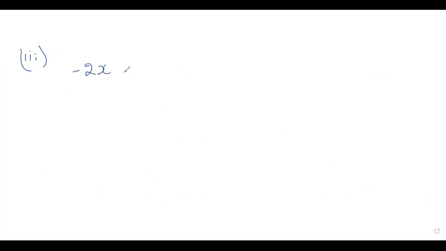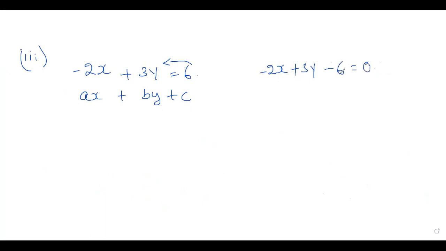Minus 2x plus 3y is equal to 6. So it is in the form of ax plus by plus c. So we are shifting this 6 to the left hand side. Plus 6 becomes minus 6.